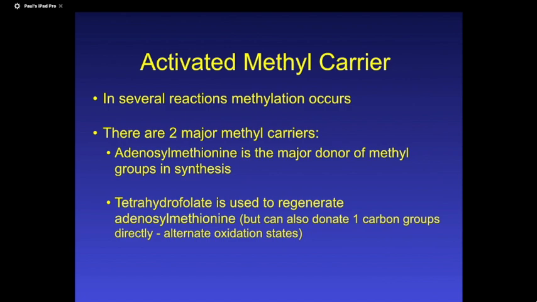There are a couple of organic compounds that carry a one carbon group. Now, it says a methyl carrier, and sometimes we will transfer one methyl group, but we will also transfer one carbon in other oxidation states. We'll see a formyl group being carried, so a ketone with a hydrogen. And so we're going to introduce these methyl carriers.